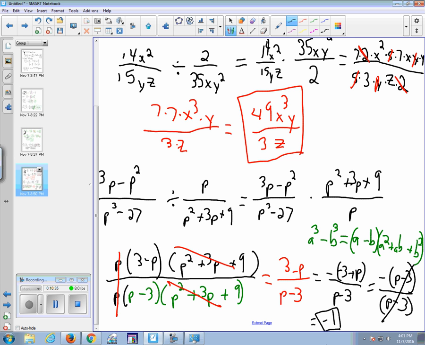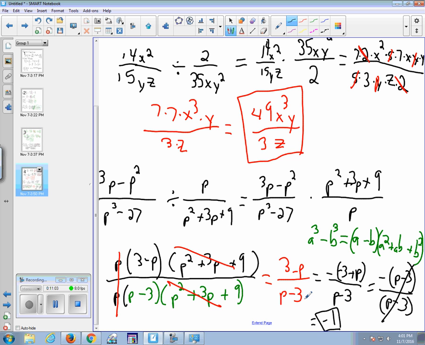In other words, if I had multiplied this binomial times this trinomial, gotten that big 6-term thing, and then combined like terms, and distributed this p over here, I would have gotten a polynomial over its opposite. It would reduce to -1.